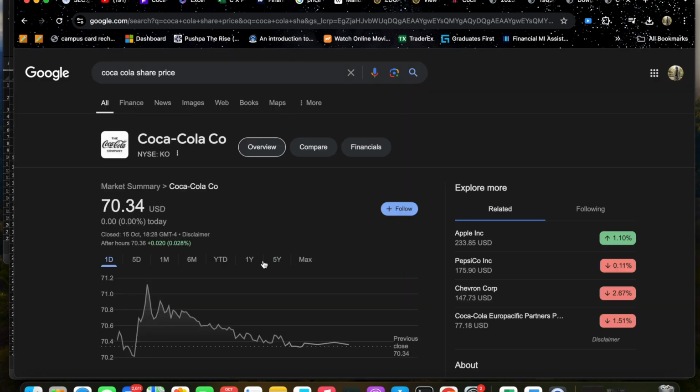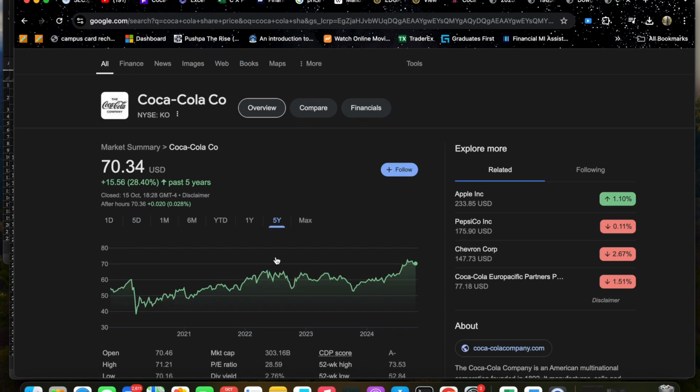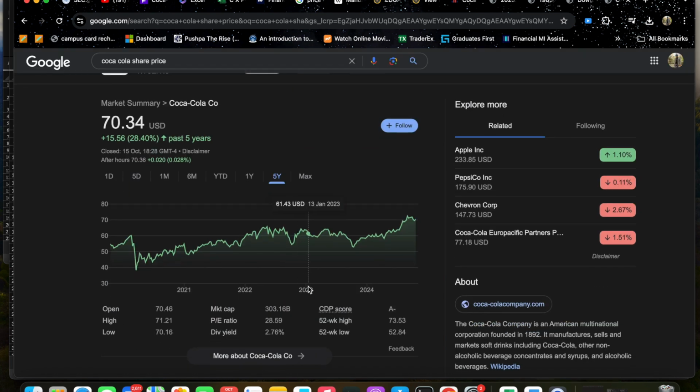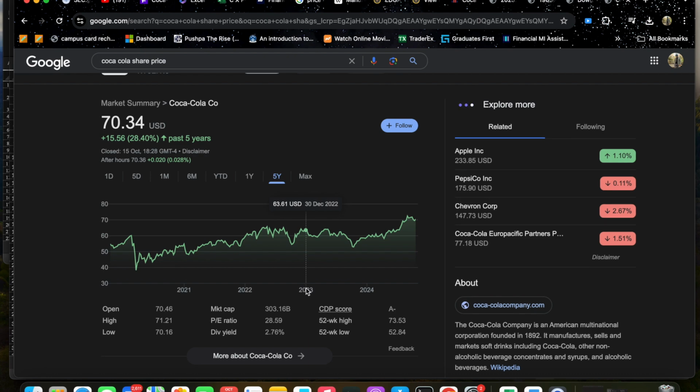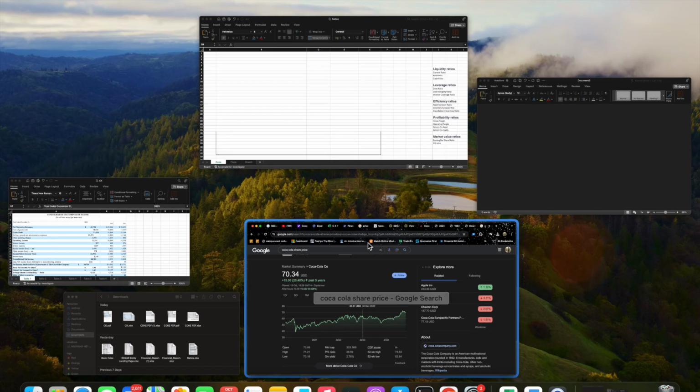There you go, we got into Coca-Cola. Now just click on the 5 year and get the data of 2023, which is 63.61 USD.